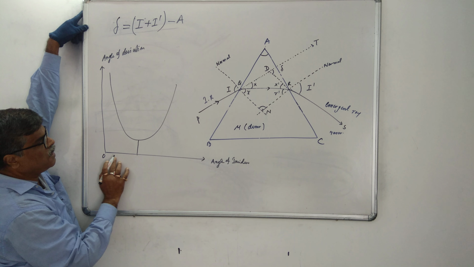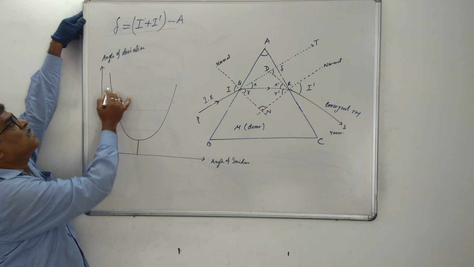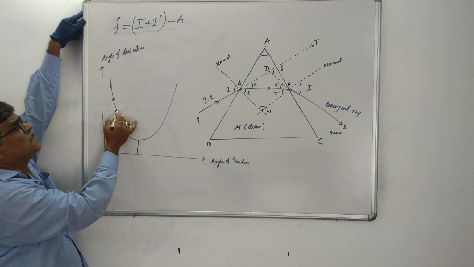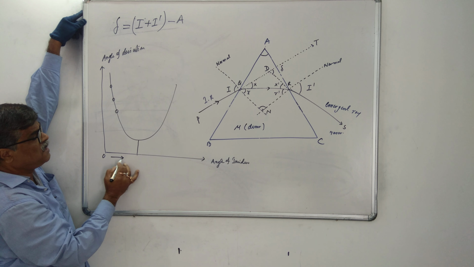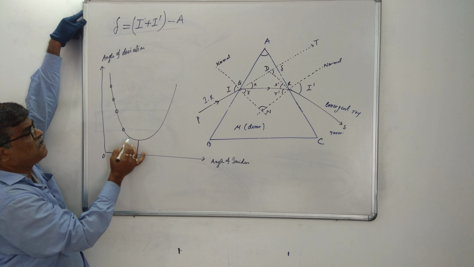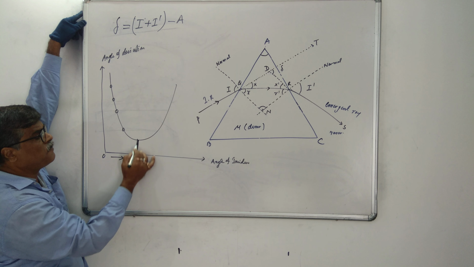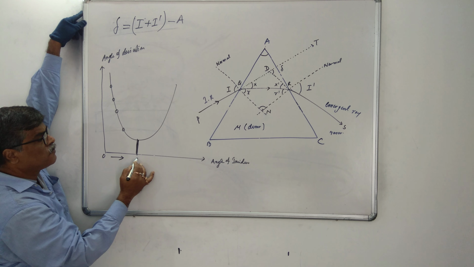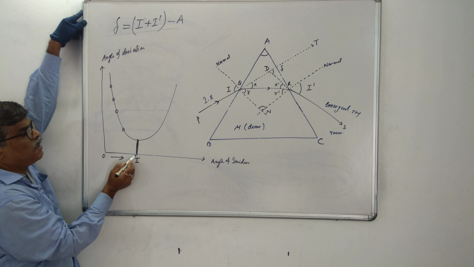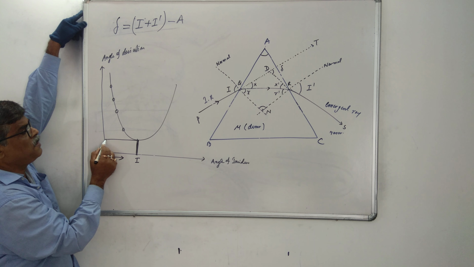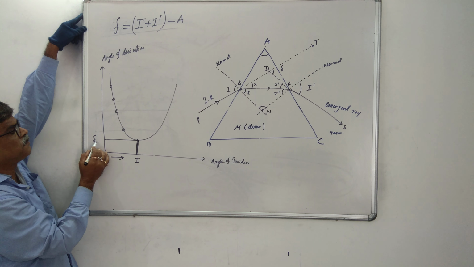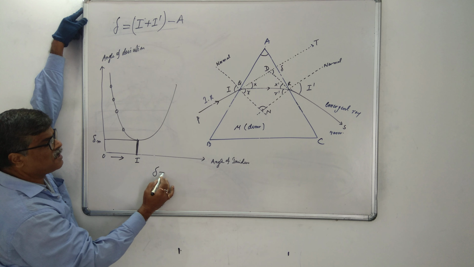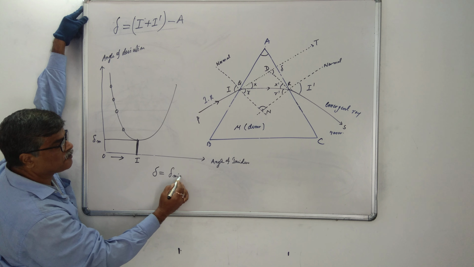When the angle of incidence increases, the angle of deviation decreases. And for a particular value of angle of incidence, the angle of deviation becomes minimum.